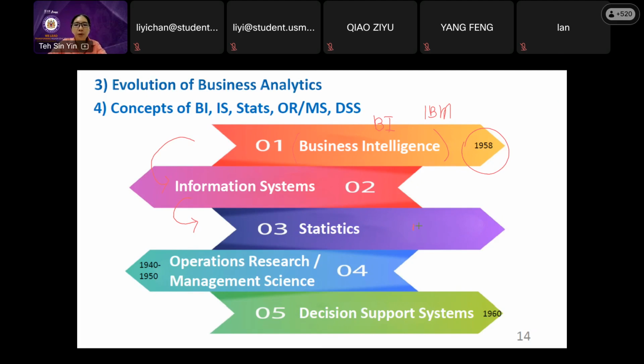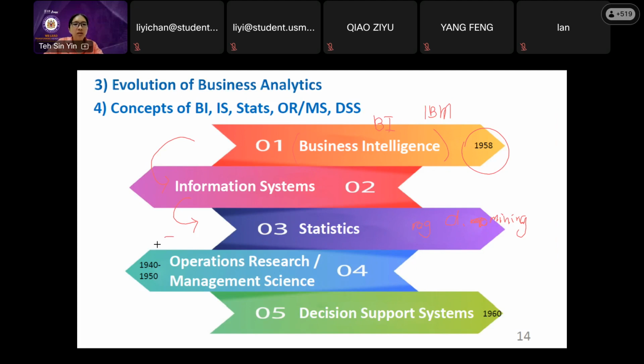They build models like regression models. They do some data mining. A long time ago, you always heard people say data mining. So data mining started from here. So it is regression, data mining, and forecasting. People started to use statistical modeling.